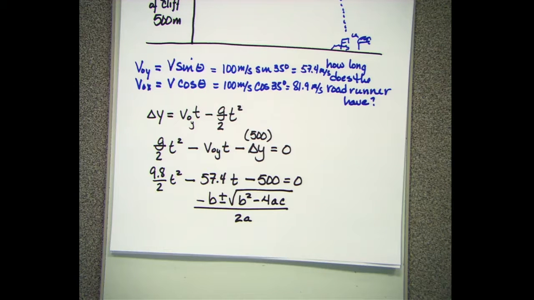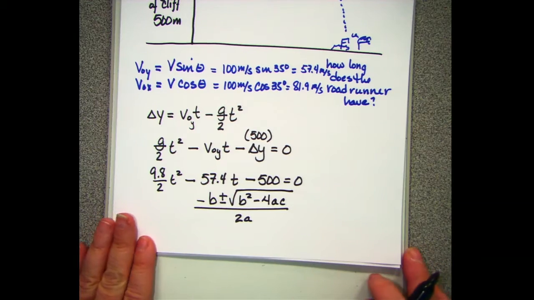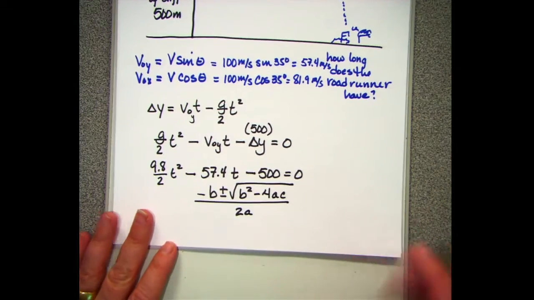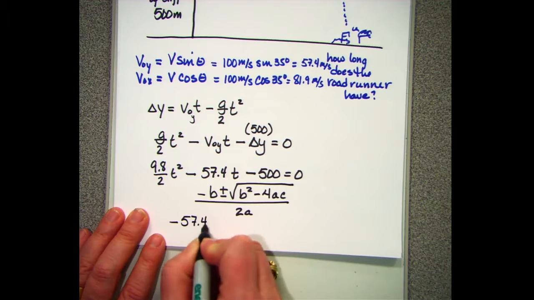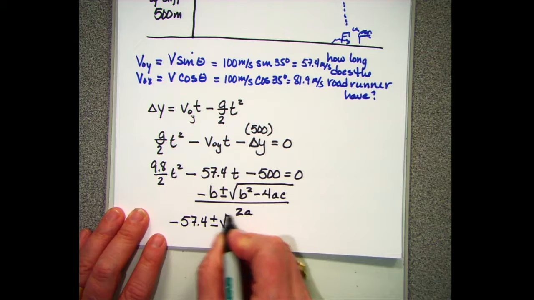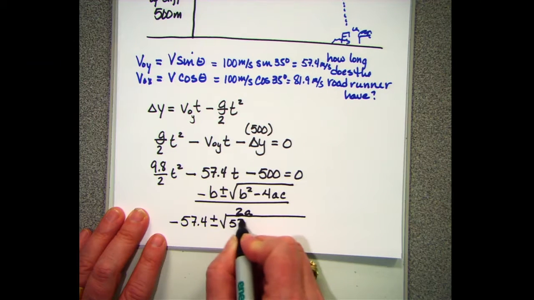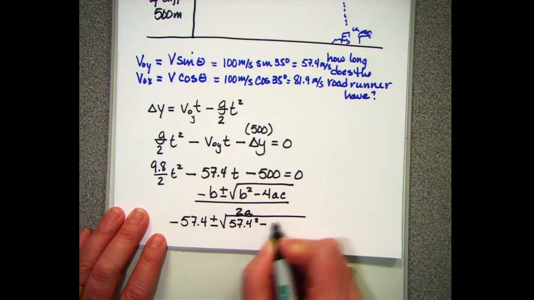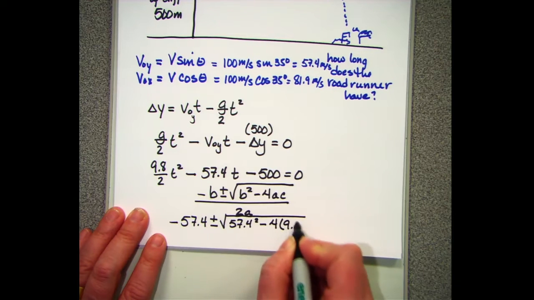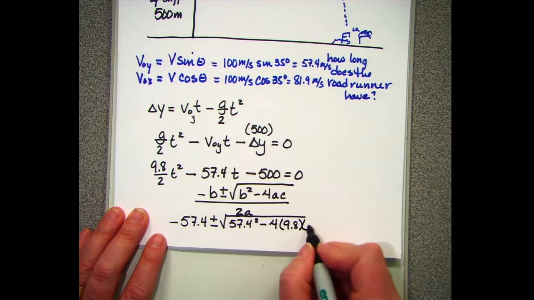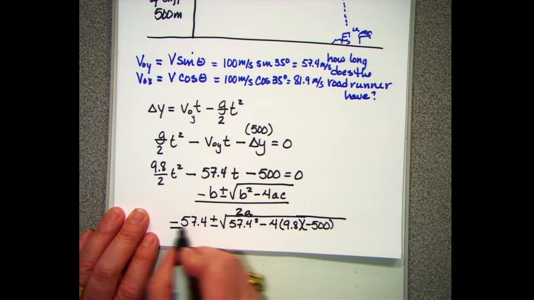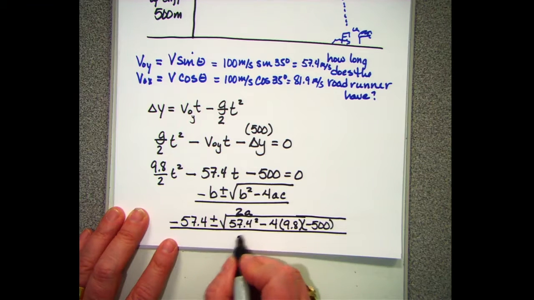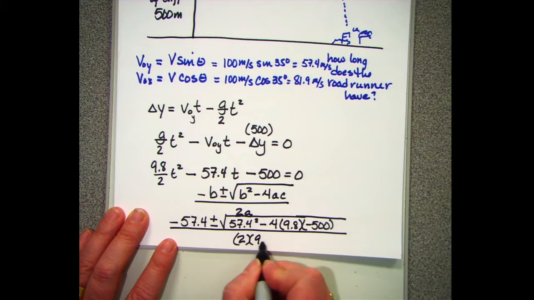So that's going to give me my two solutions to my quadratic equation. And so I'm going to plug in my numbers. This becomes minus 57.4 plus or minus the square root of 57.4 squared minus 4 times 9.8, c is a minus 500, all divided by 2 times 9.81.